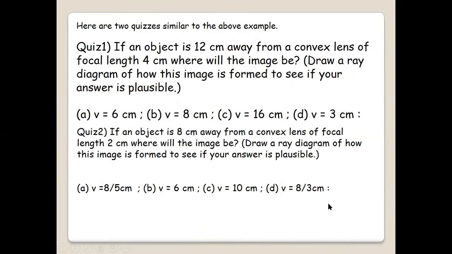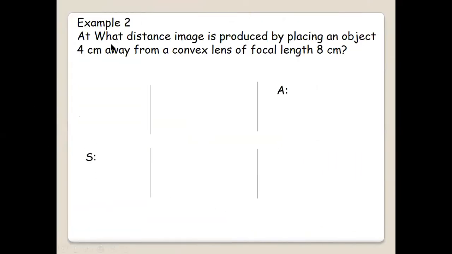Okay, now the next are two similar questions, and they are given in MCQ form. We are going to solve them, and in the next lecture we are going to verify them. Okay, now the next is again: at what distance is the image produced by placing an object 4 centimeter away from a convex lens of focal length 8 centimeter?